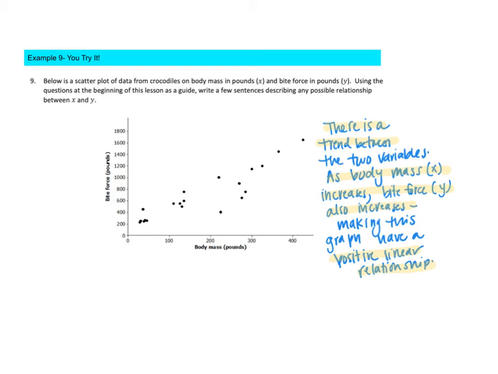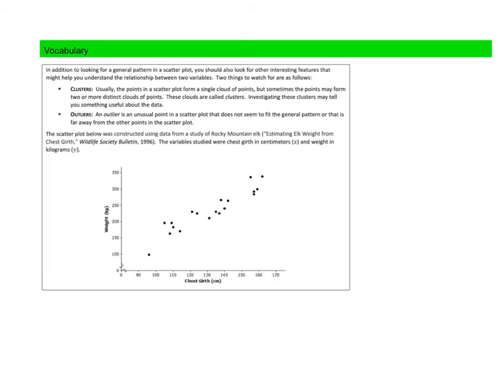And we're going to get into a little bit more talk about outliers and clusters. All right, so in addition to looking for a general pattern in scatter plots, you also want to look for a few things that are interesting about your relationship, and these things are called clusters and outliers. So clusters are points in a scatter plot that form like a cloud of points. Okay, so these are like little sections where there's a big set of points.